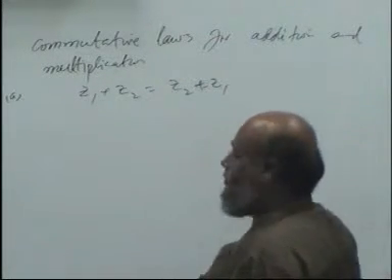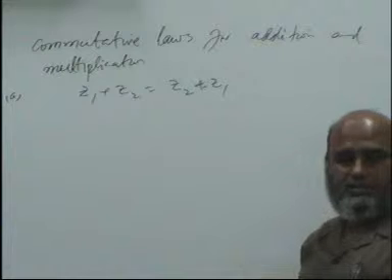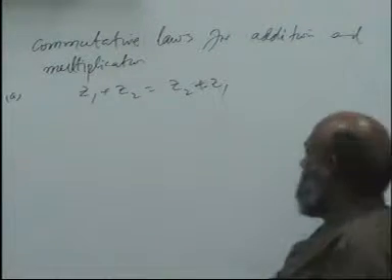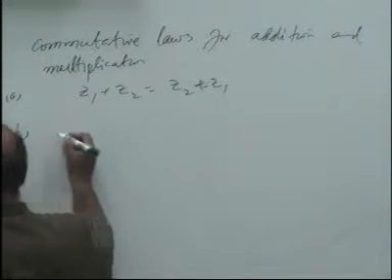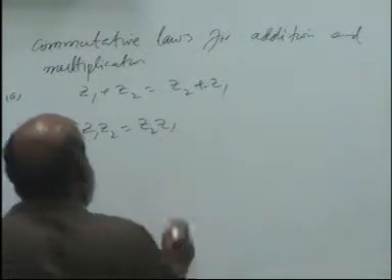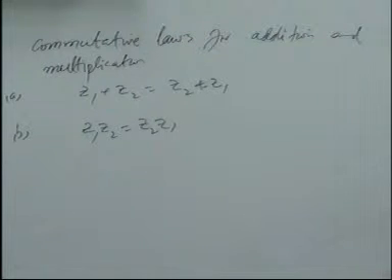This is commutative with respect to addition. Just in case of real numbers, 2 plus 3 is the same as 3 plus 2. Similarly, in case of complex number, it is commutative. And Z1 into Z2 is the same as Z2 into Z1. This is commutative with respect to multiplication.